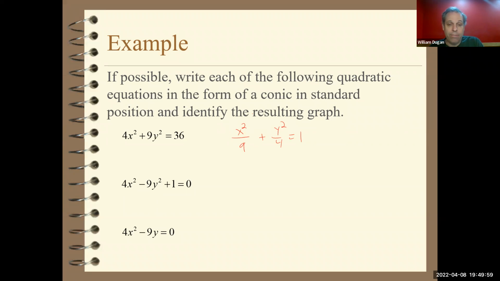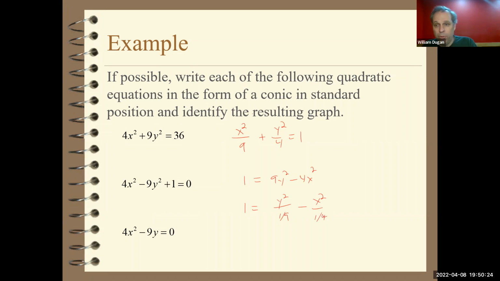The second equation is actually a hyperbola. It's just written a funny way. Notice that you can subtract the squared terms to get 1 equals 9y squared minus 4x squared. And then you can write that as 1 equals y squared over 1/9 minus x squared over 1/4.